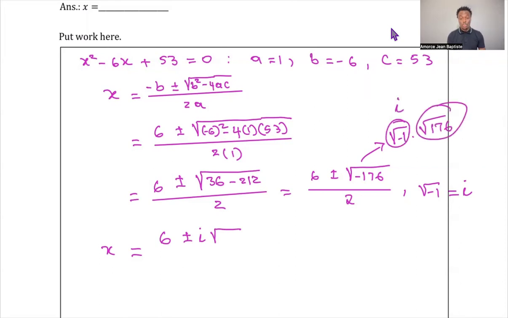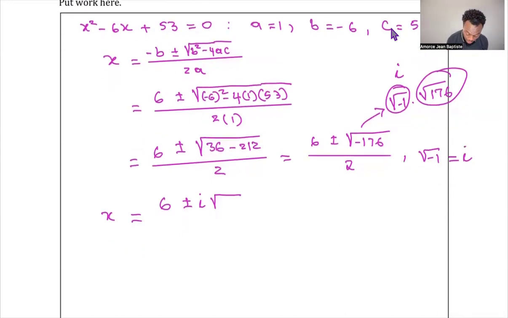This one, you're going to want to break down to find the mixed radical form by simplifying, finding the largest perfect square that is a factor of 176. I'll show you how to break it down.